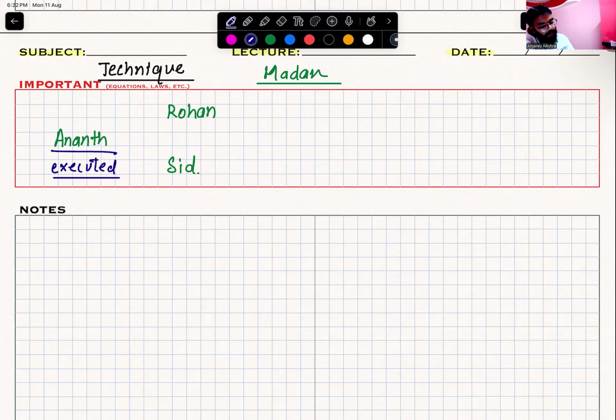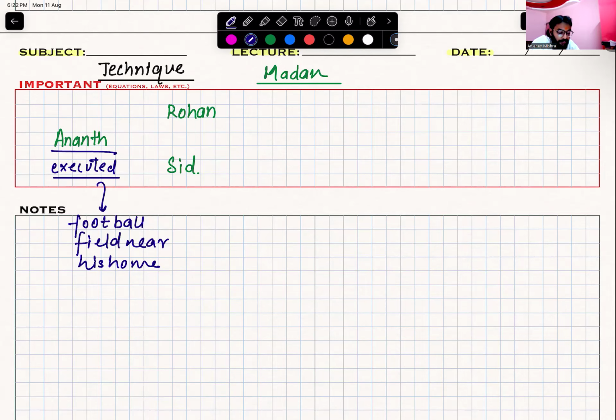Where was he killed? He was killed at a football field near his home. The problem was there was no CCTV camera in that football field, and Anant was executed there. When we checked the Pleo app, we found out that 3 people booked the football field that day: Rohan, Anand, and Sid.